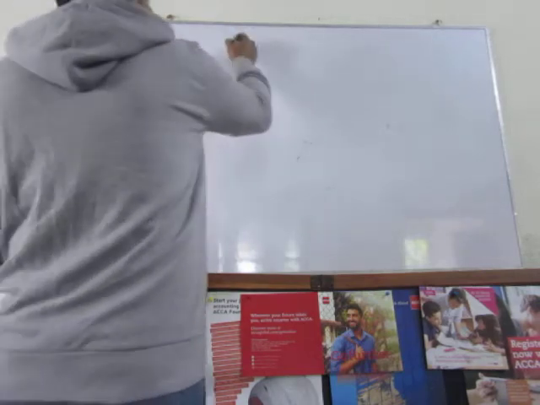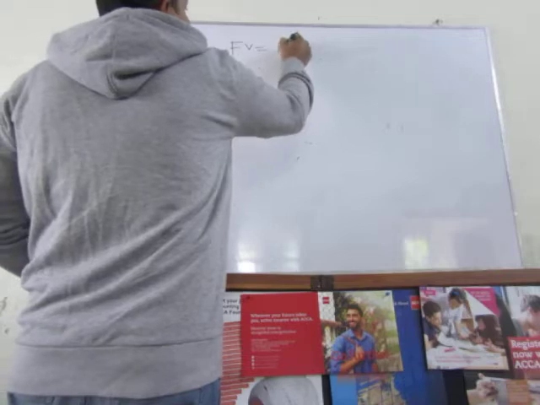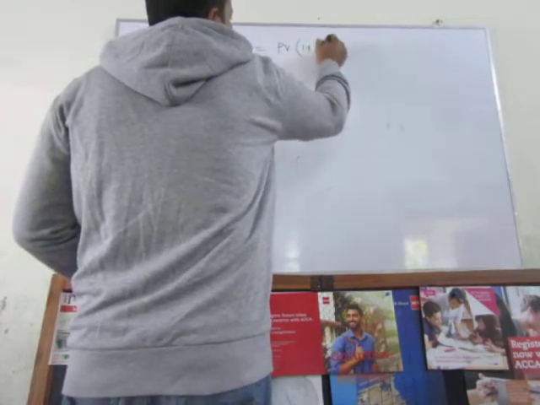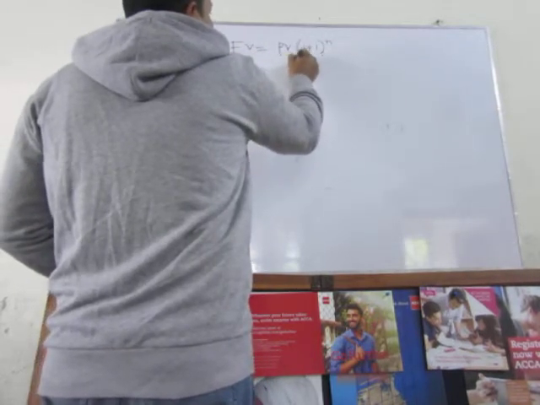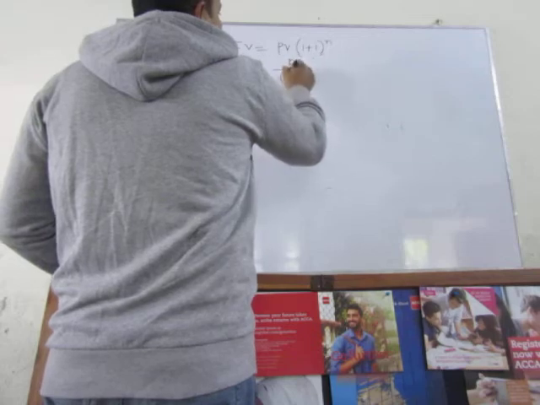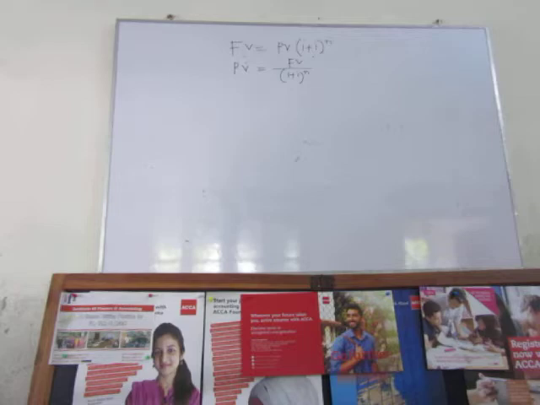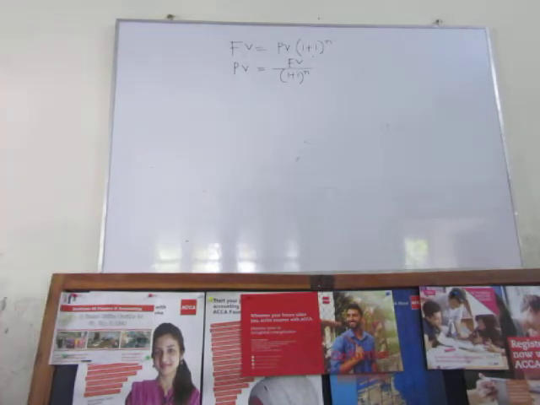Up to this level, we discussed that future value equals present value into 1 plus I to the power n, and present value equals future value divided by 1 plus I to the power n. So we can use this formula to find out the required value according to our examples.